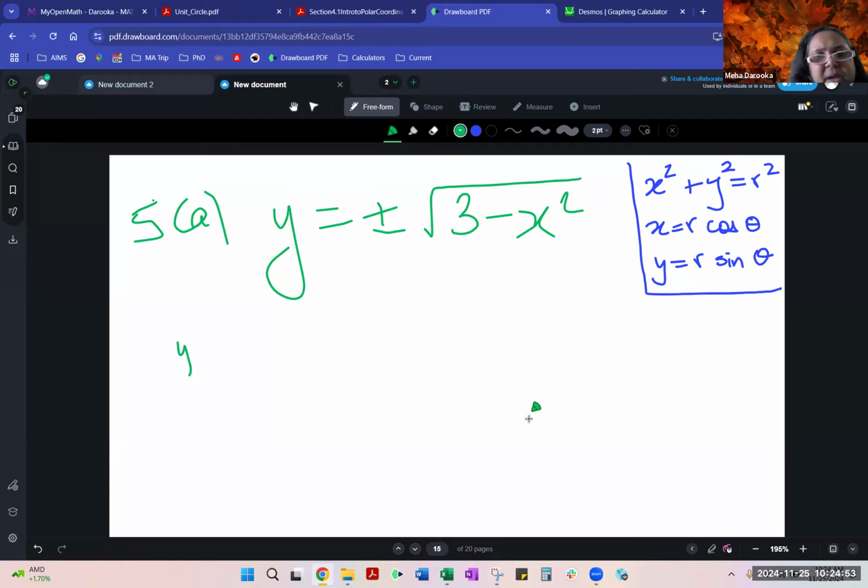So we would start by squaring both sides. So we would, of course, do y squared on the left. And then you've got plus or minus square root of 3 minus x squared. So if we did square on both sides here, of course, the y squared would stay as it is. And then since you are doing the entire right-hand side as squared, positive times positive becomes positive. Negative times negative becomes a positive. So those signs would actually disappear and your square and square root would cancel each other out, leaving you with 3 minus x squared.